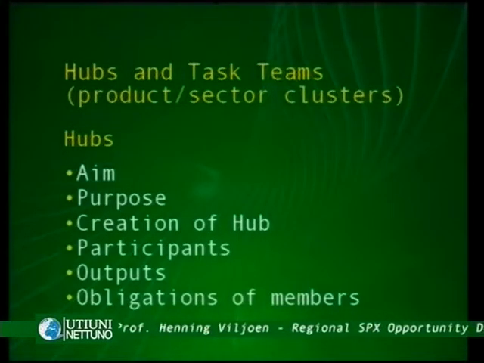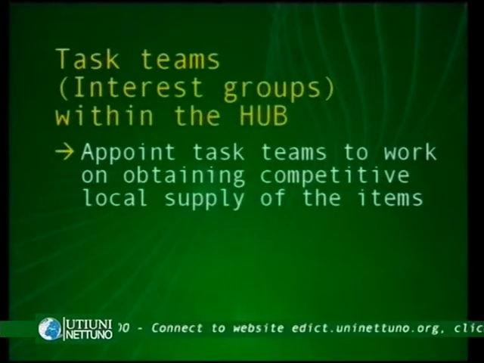The obligations of the members, as any organization, because this is a little organization which is formed, they all have obligations and they have to all adhere to certain, not rules, but to certain protocols.